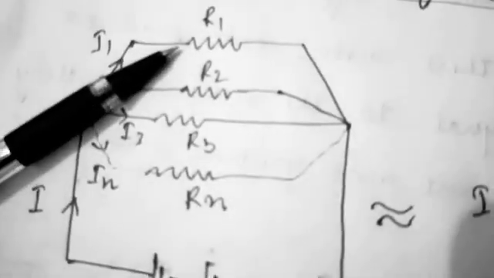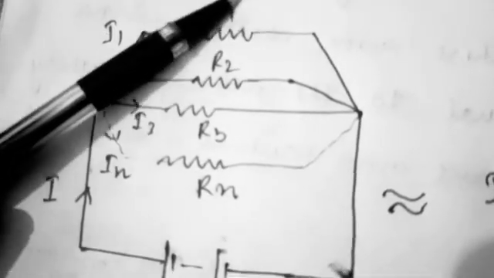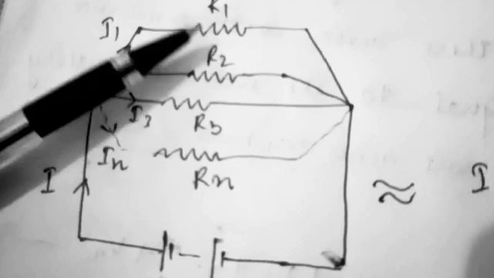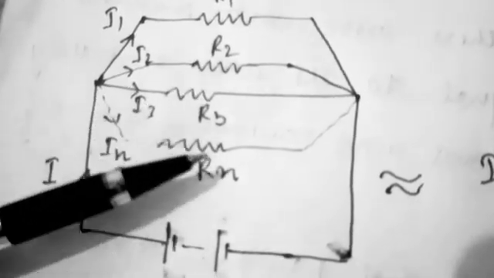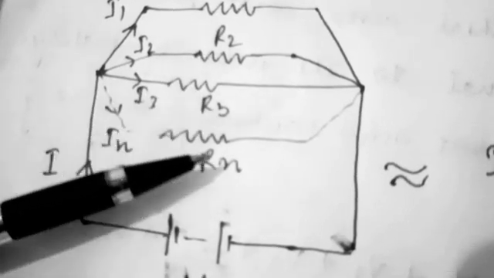Also, suppose R1, R2, R3 and Rn are there, if any of the equipment gets faulty, this circuit will act as an open circuit, but this open circuit will not hamper the other resistances. All the other resistances will keep on working.